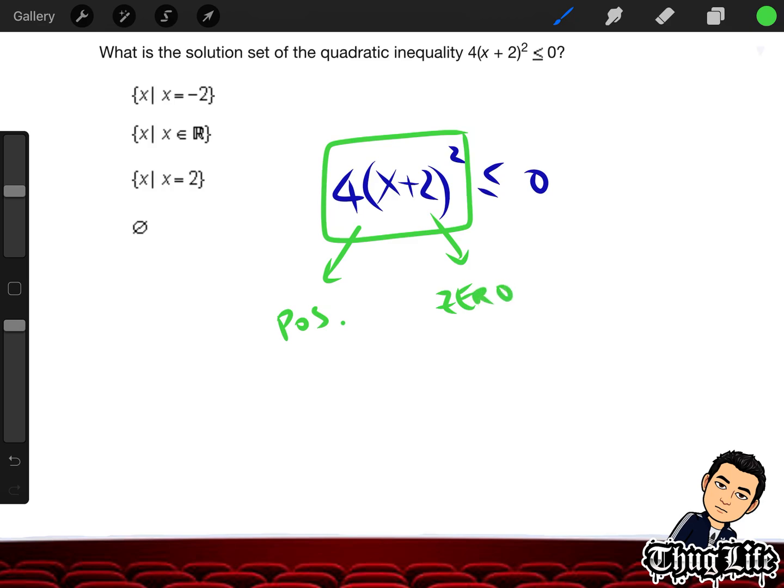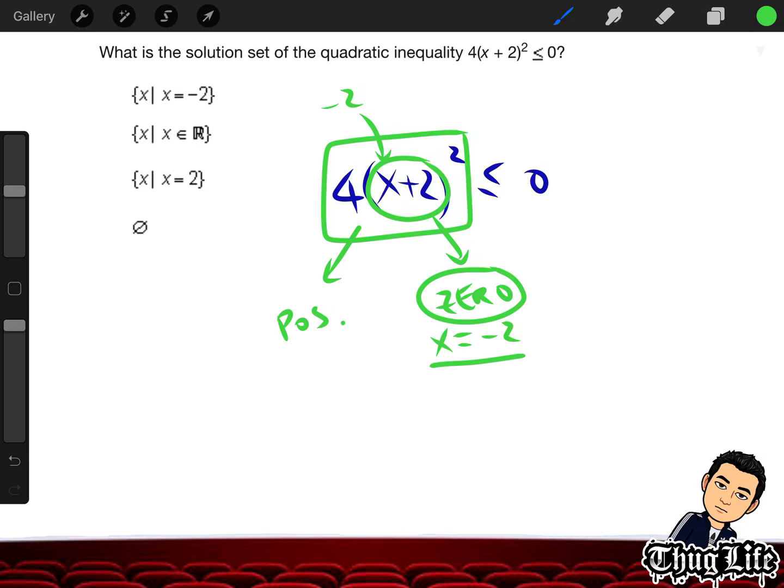How do you make this become 0? If you set x equal to negative 2, plug in negative 2 in there, then you're going to have the expression inside the parentheses equal to 0, and 0 squared is 0, 0 times 4 is 0. So you can make the whole expression equal to 0 if you plug in x equals negative 2.